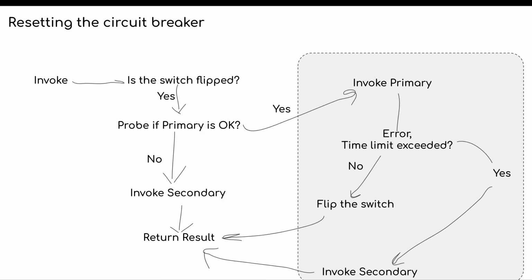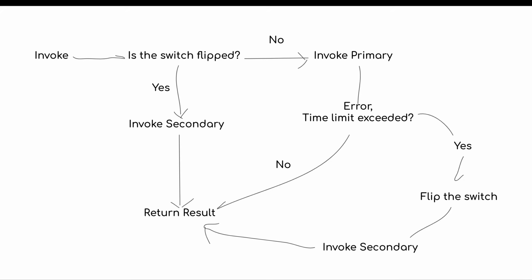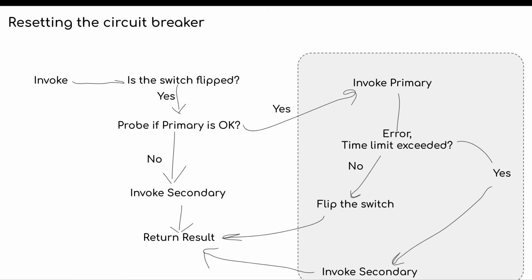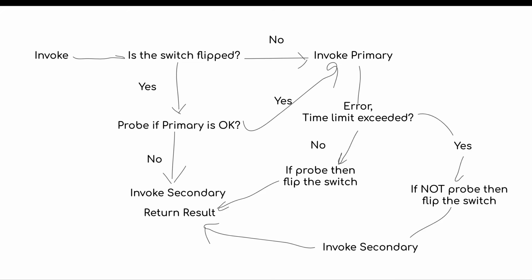Now we need to combine this flow and this flow into a single flow. Now this is my attempt at it. So it's quite simple. We invoke the circuit breaker, and by default the switch won't be flipped, so we invoke the primary.